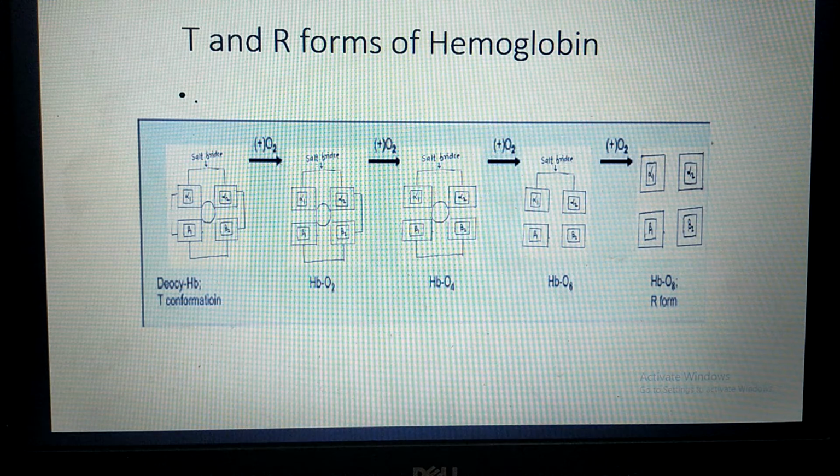When the second subunit of hemoglobin binds with oxygen, the second salt bridge is broken down. When third oxygen binds, the third salt bridge is broken down. When fourth oxygen binds, all the 4 salt bridges between hemoglobin subunits are broken down. Now this form of hemoglobin is called relaxed form or R form. The deoxy form is called tight form or T conformation.